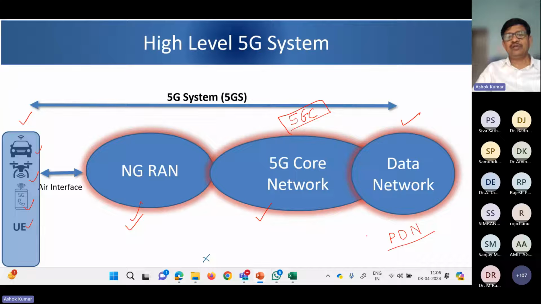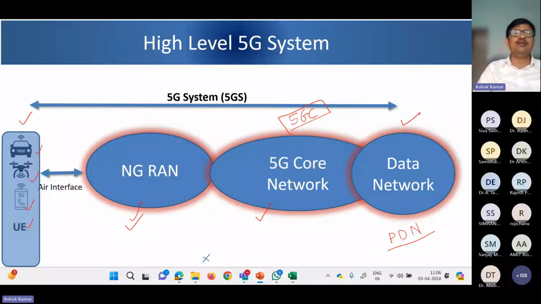Can some of you recall why we are calling it data network and not PDN? Sir, other than IP data, some other data can be realized. Yeah, even unstructured data will be possible to be sent using a 5G network.